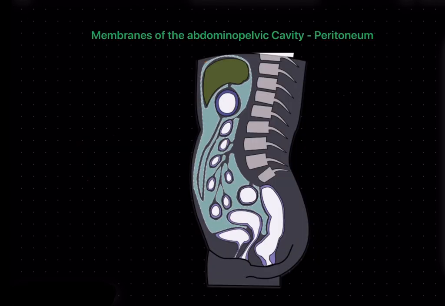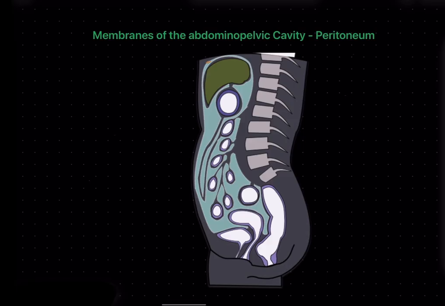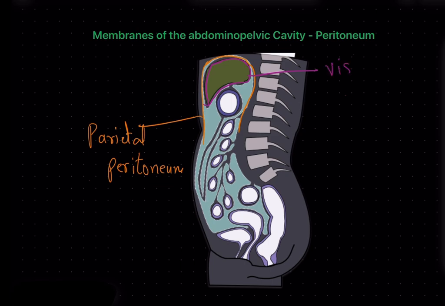Likewise, in the abdominopelvic cavity we have serous membranes, which are called the peritoneum. This lining, which is the membrane on the cavity wall, is called parietal peritoneum, and this right here, which is lining the organs, this membrane is called visceral peritoneum.